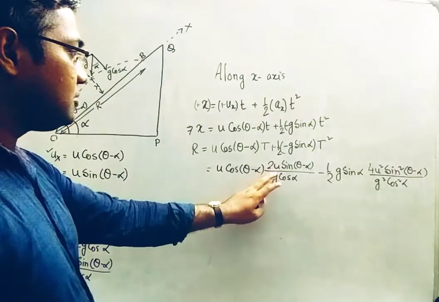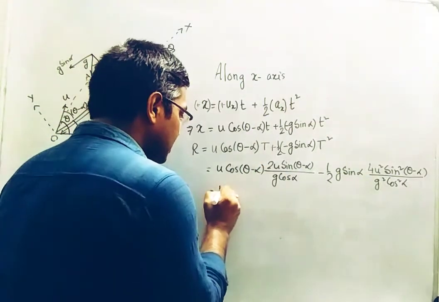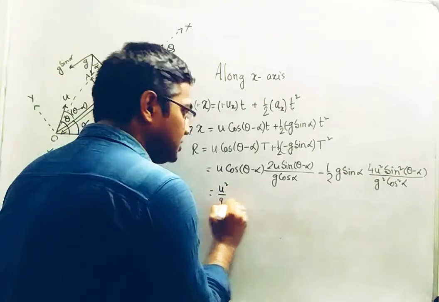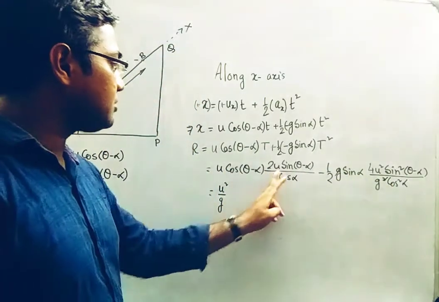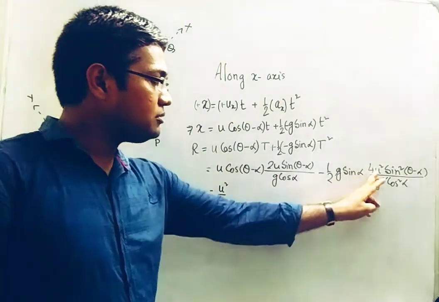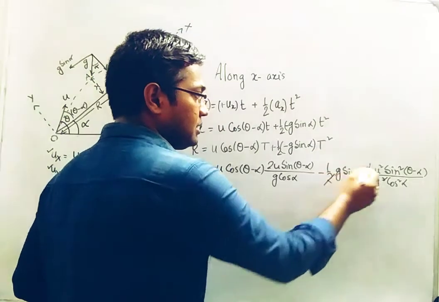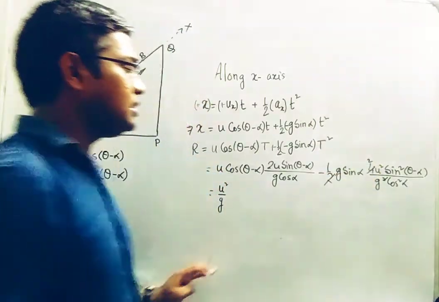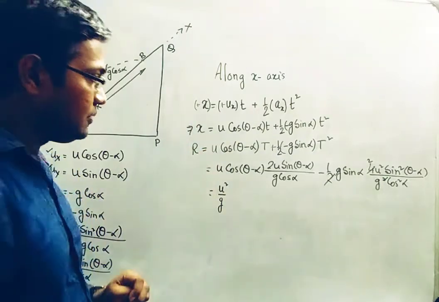From here we can see in both of these terms we can take common u square divided by g, because these g cancel out. And here it is 2 sin square theta minus alpha.